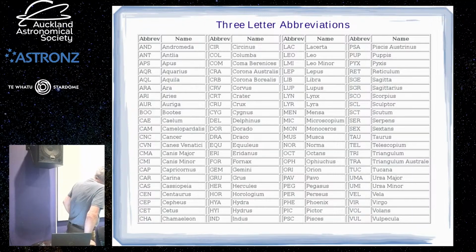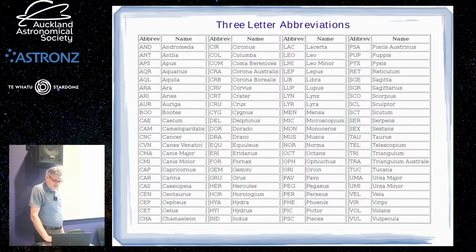The names are actually based on Latin, so if you have a star that is in a particular constellation, you don't say, for example, Alpha Capricornus. The proper way is to use the Latin genitive, so you'd say Alpha Capricorni, and similarly for Crux, you don't say Alpha Crux, you'd say Alpha Crucis.